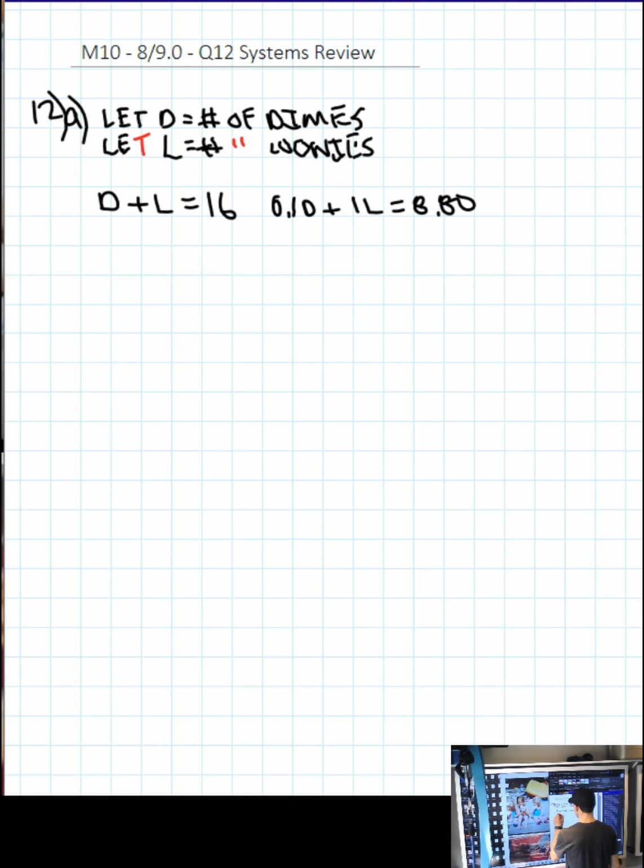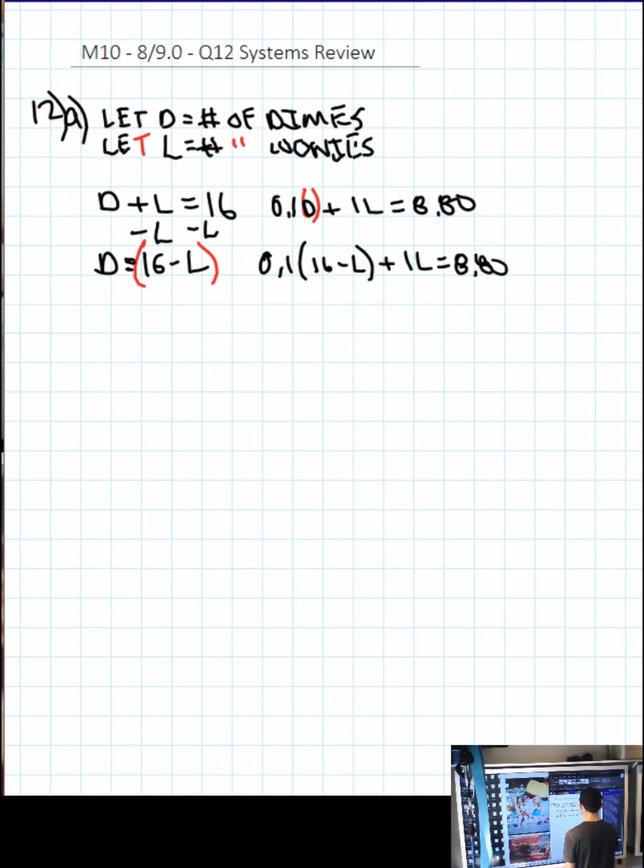Okay, so let's solve. Let's isolate for a variable. Let's minus L from both sides and get D equals 16 minus L. And then substitute that into the other equation, putting brackets around D and substituting in for D. So we get 0.1 times 16 minus L plus 1L equals 8.80.